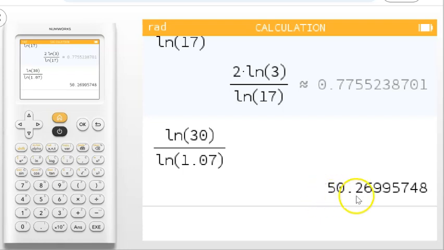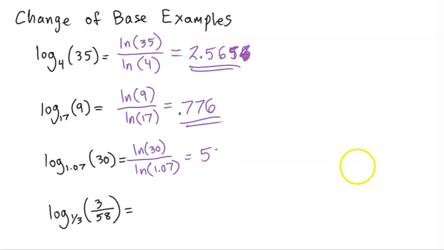Execute, we get 50.27. The fourth 9 will round the third 9 up to a 10, which will flip this 6 into a 7, and this will be a 0. So it'll just be 50.27. All right.